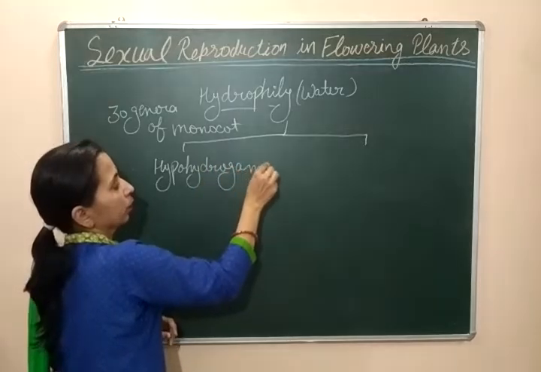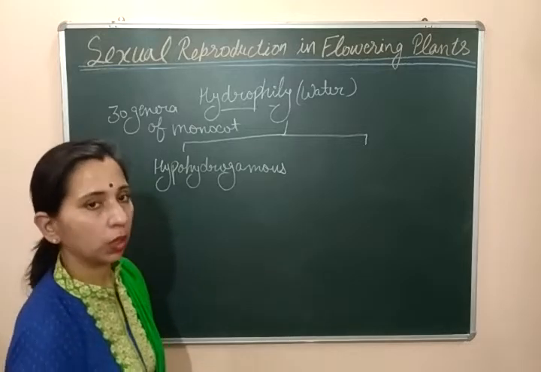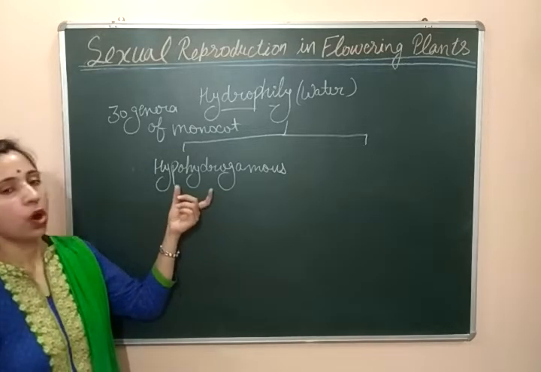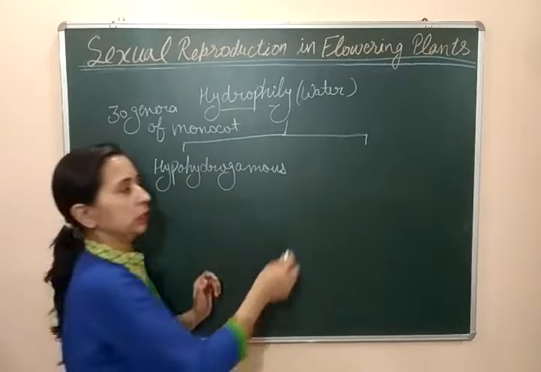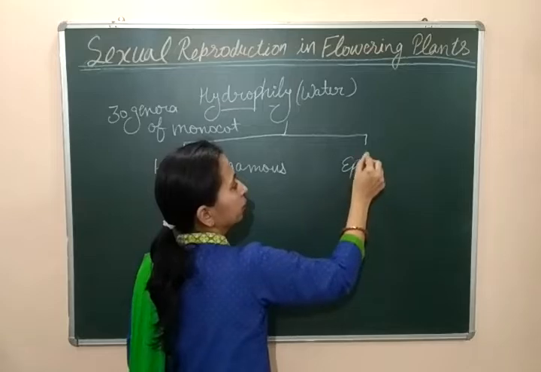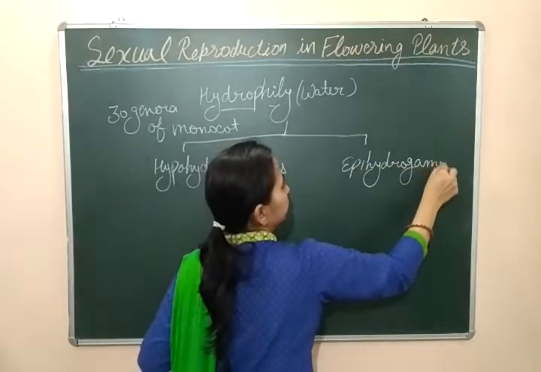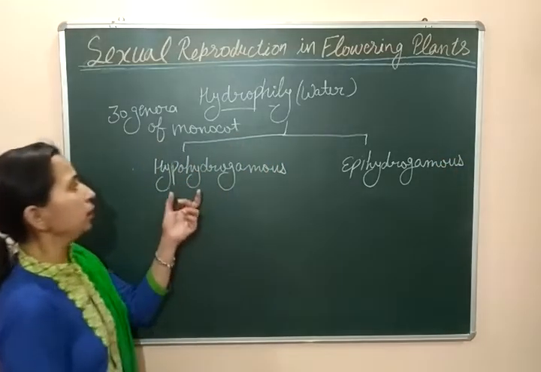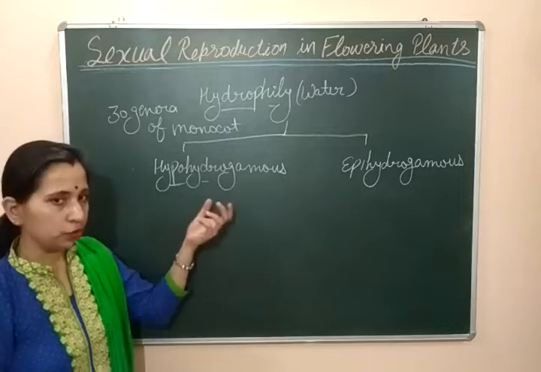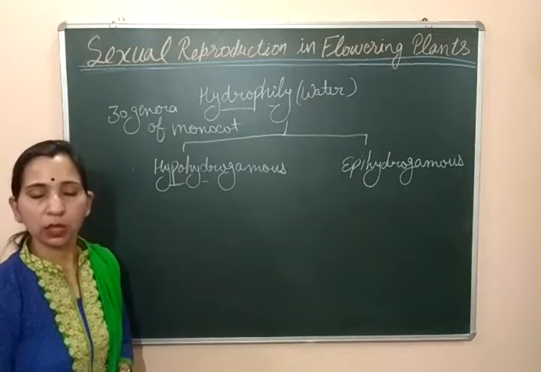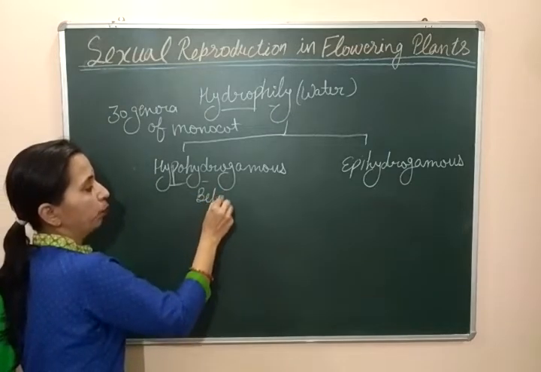These are the types of plants on the basis of which they do pollination by water. First is hypohydrogamous and second is epihydrogamous. Hypohydrogamous is the term used when pollination is done by water, but pollination happens below the surface of the water.